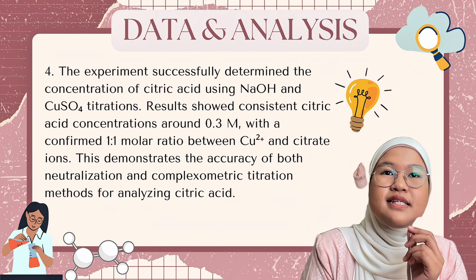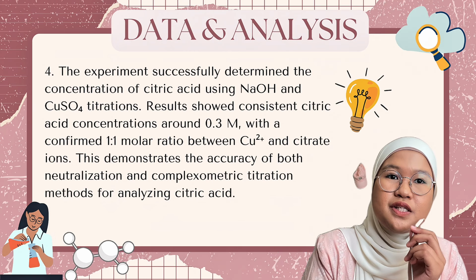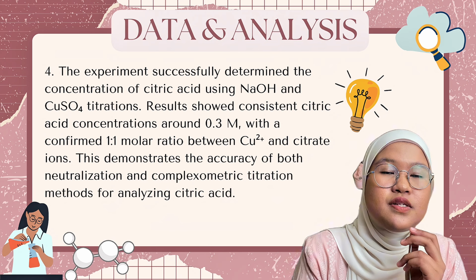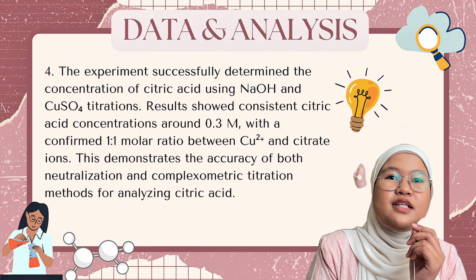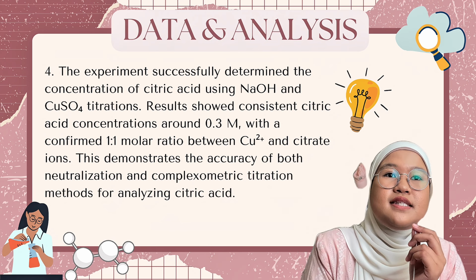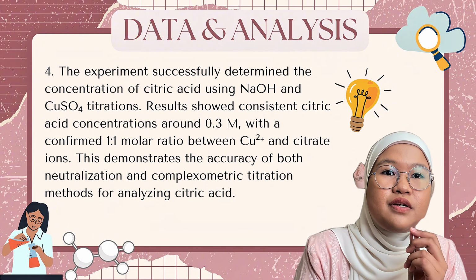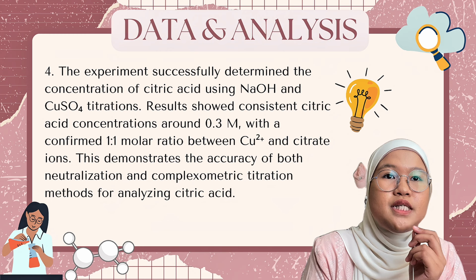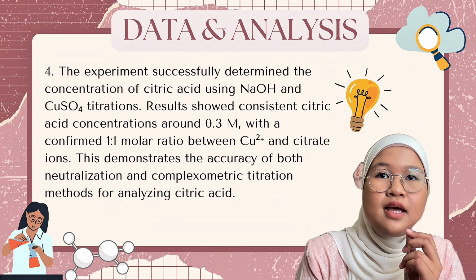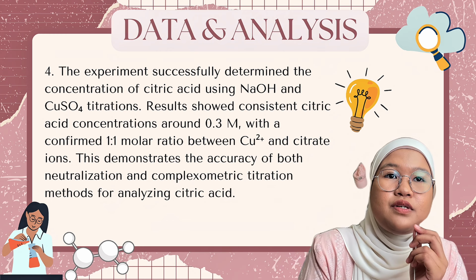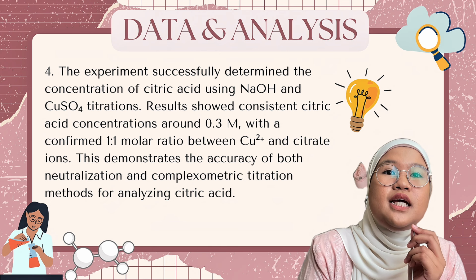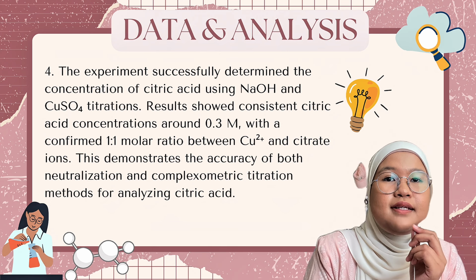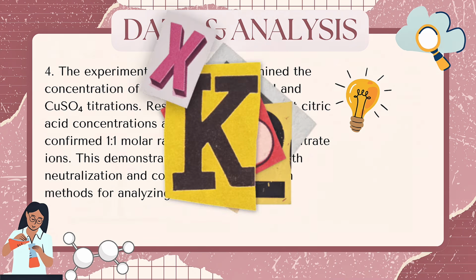Therefore, the experiment successfully determined the concentration of citric acid using sodium hydroxide and copper sulfate titrations. Results show consistent citric acid concentration around 0.3 mol with a confirmed 1:1 molar ratio between Cu2+ and citrate ions. This demonstrates the accuracy of both neutralization and complexometric titration methods for analyzing citric acid.